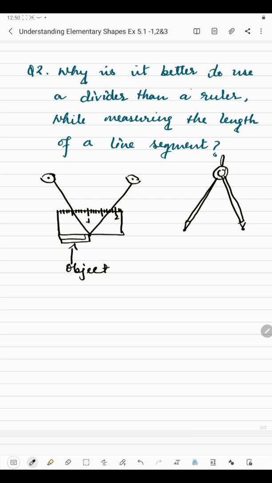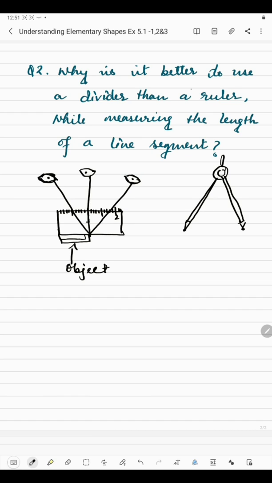So actually, we might have difficulty reading the marks against the pointer. To get the correct measure, the eye should be correctly positioned. If our eye is just vertically above the mark, then we will get the accuracy.